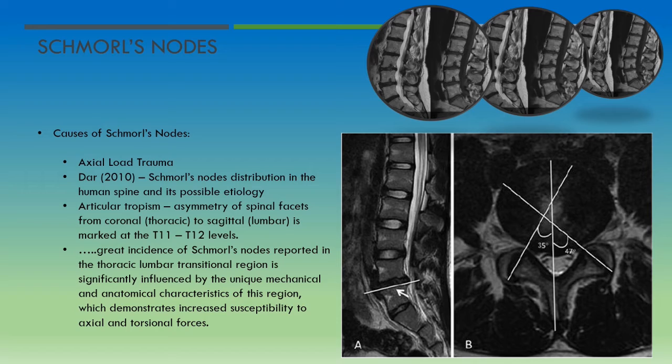And remember, in the thoracic spine, the articular facets are oriented in the coronal plane, whereas in the lumbar spine, the facets are oriented in the sagittal plane.